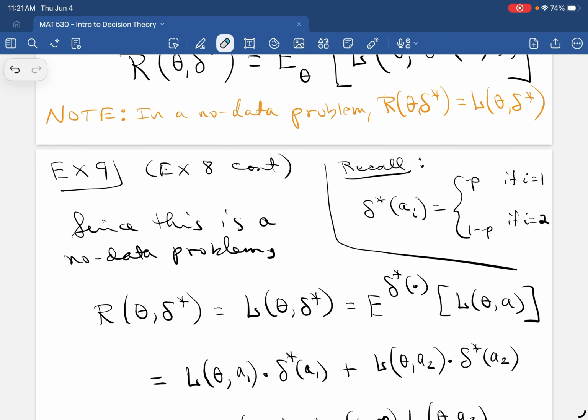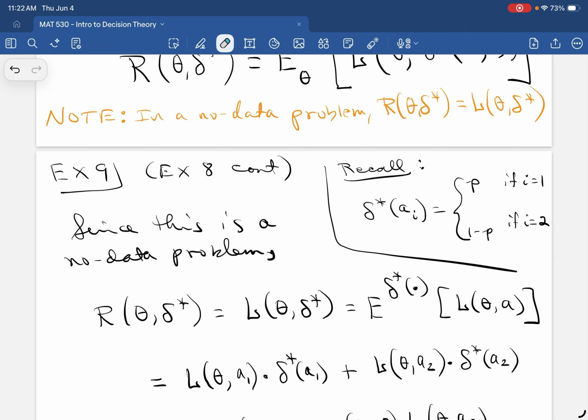So the loss of the randomized decision rule is equal to the expected value of the loss function, where we take the expectation over the action space, over the A's. Since this is a no data problem, we clearly have a function that only depends on theta, which is what we think about when we talk about risk functions. Every time we've seen a risk function, it's been just a function of theta.